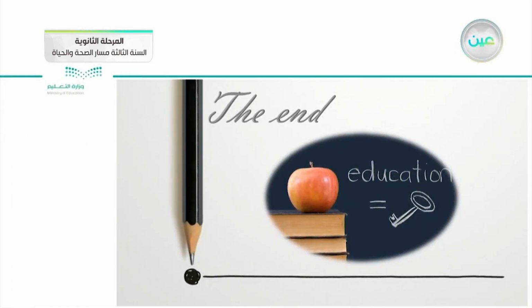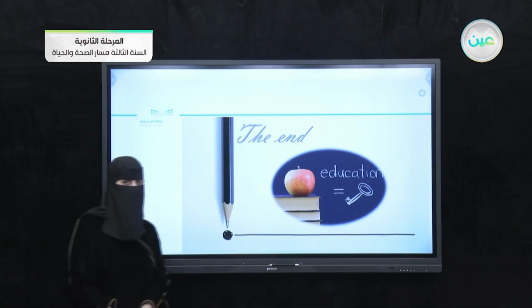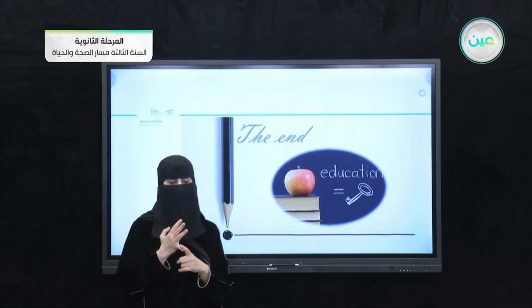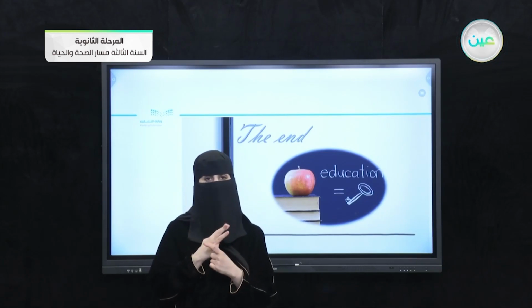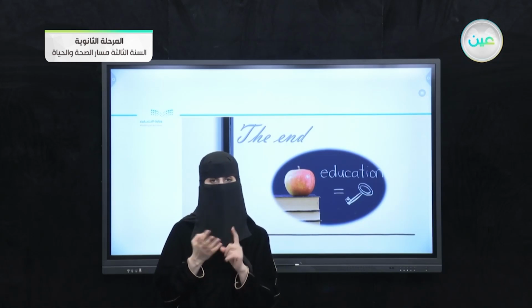Okay. Before I close our lesson today, I will summarize what we already discussed. We divided our lesson into two parts. In the first part, we talked about Unit 1 and the most important elements of grammar, meaning, and the vocabulary or synonyms of it.